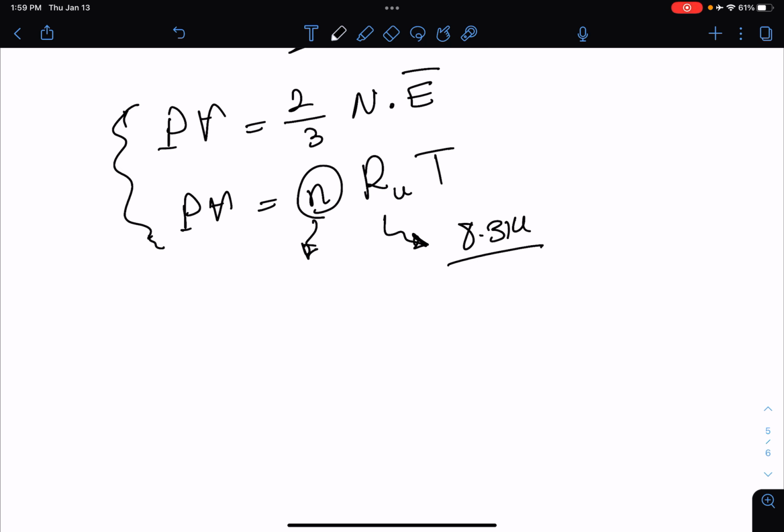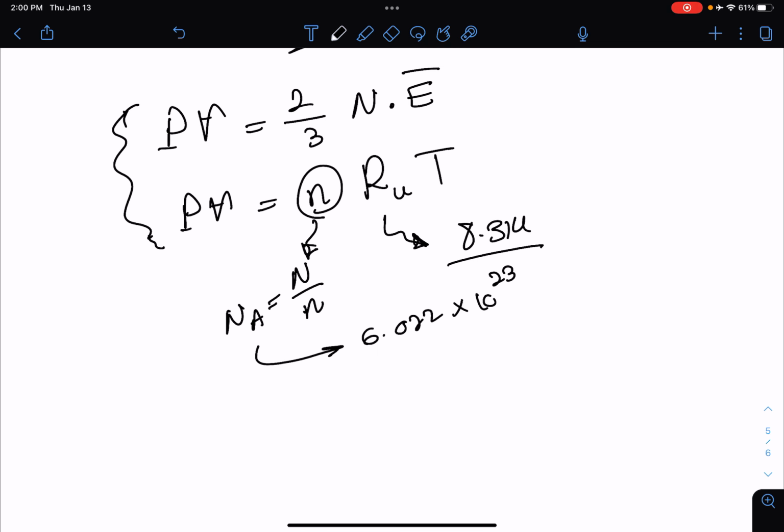It is not equal to Avogadro's number. Capital N divided by lowercase n. Right, we define Avogadro's number as the number of all molecules divided by number of moles. And we know what Avogadro's number is, right? What is it? 6.022 times 10 to the 23.